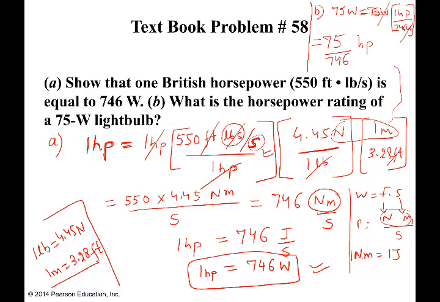So obviously 75 watts will be a very small unit in horsepower. So that comes out to be 0.10 horsepower. So this is the conversion from watts to horsepower, and the A part was to convert horsepower to watts via the British power units.